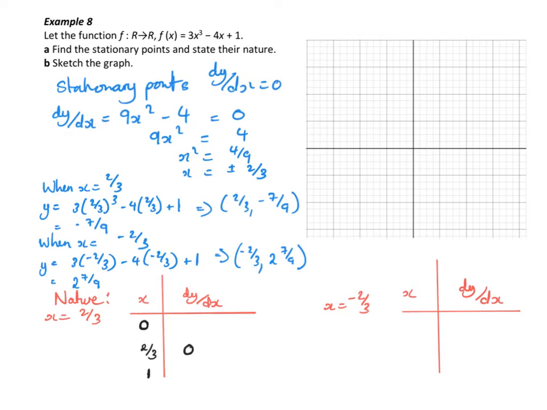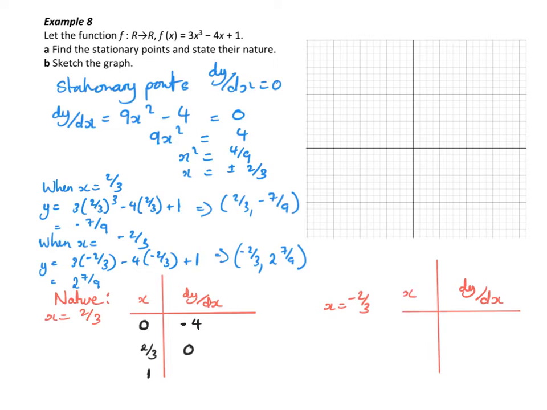Now if we substitute these values back into our gradient function, because remember we're looking at dy/dx, when x is 0, dy/dx would be equal to minus 4. And the value is not so important, we're just really looking at the actual sign. Is it negative or positive?